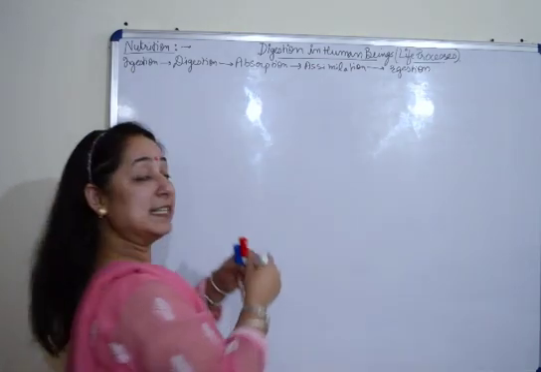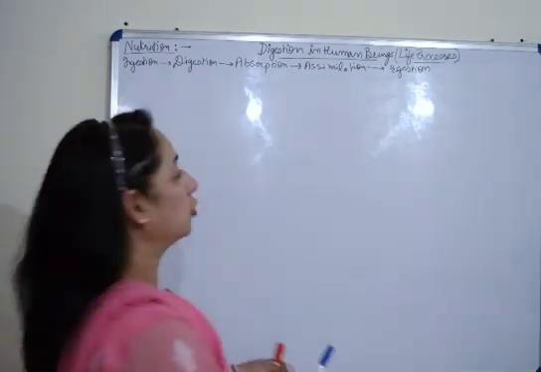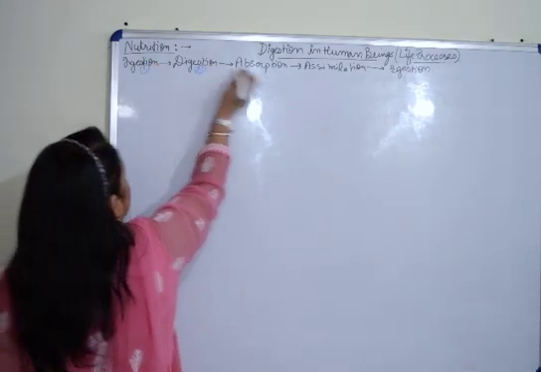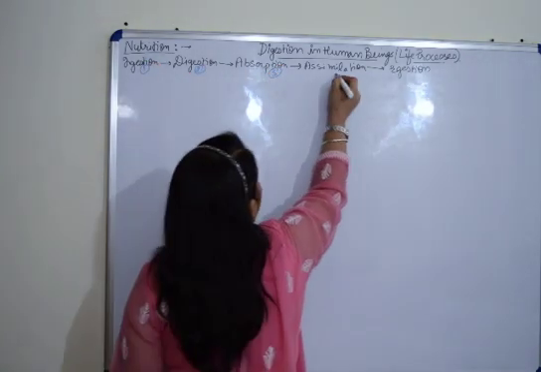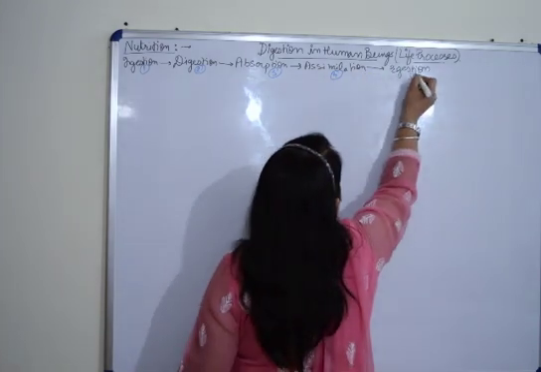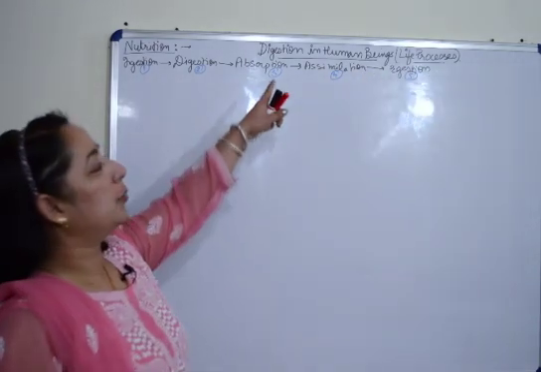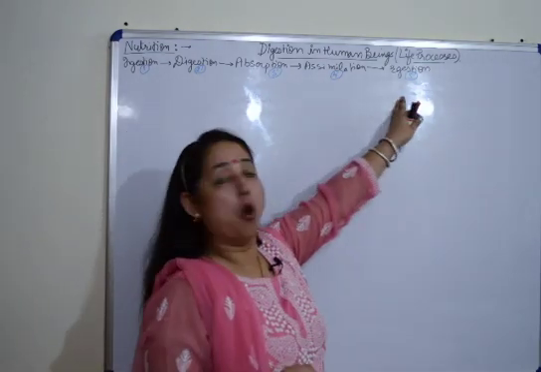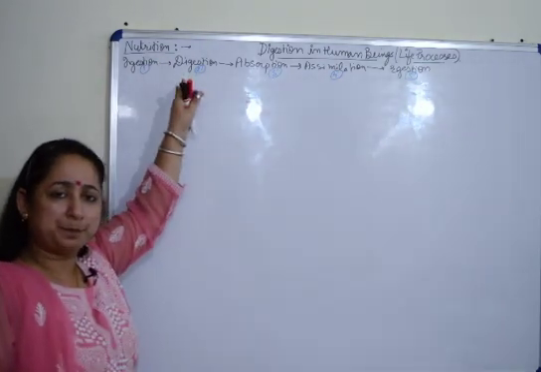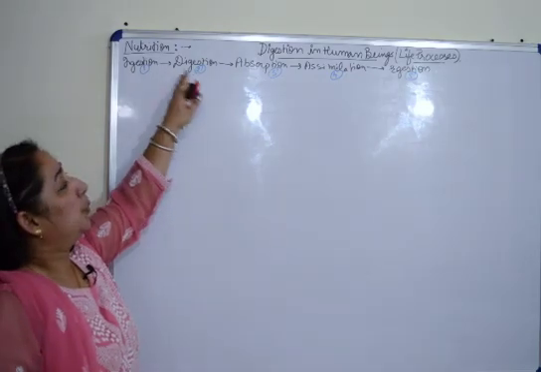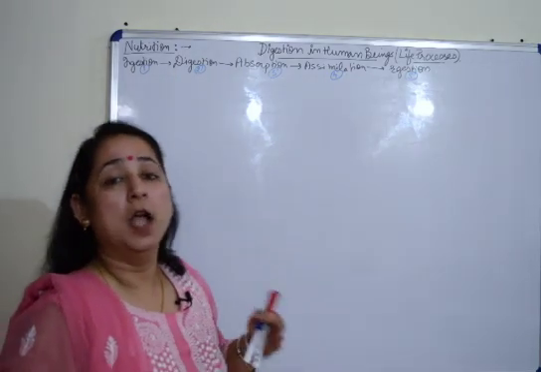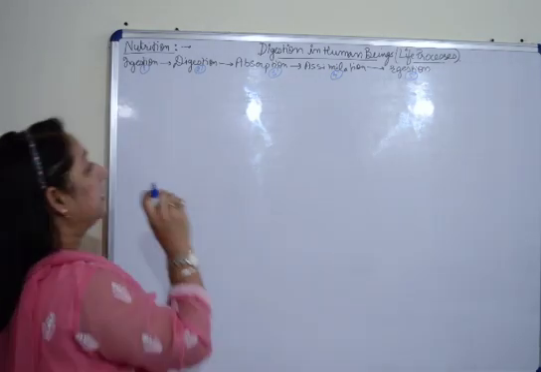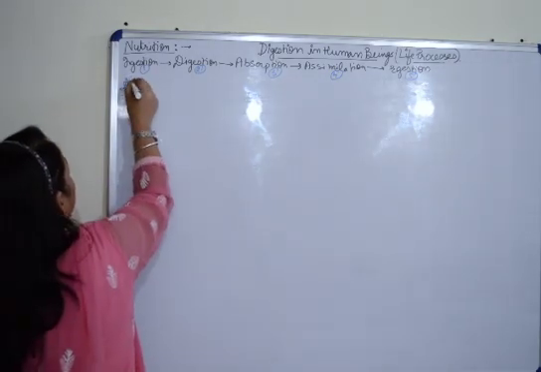Fine. All these steps, as I have given you in the form of flowchart, they occur one after the other. First step is ingestion, then is digestion, absorption, assimilation, and egestion. Now, when I'm going to talk about the digestive system in human beings, we are going to take all the steps one by one. And we will discuss which step occurs in which part of the human digestive system, or herein I'll give you a term, alimentary canal.